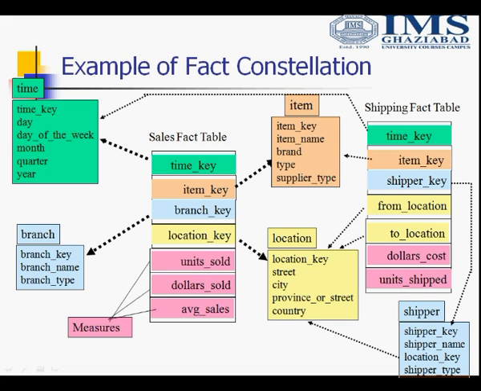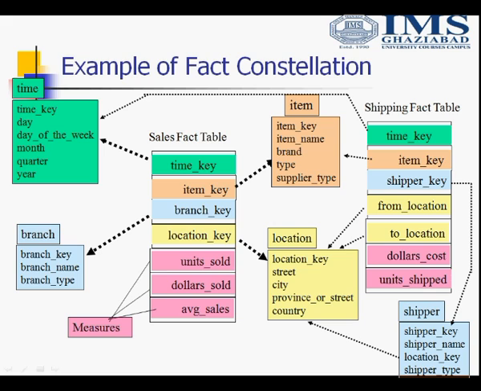Here you can see an example. In this example, there are two fact tables. One is the sales fact table and the other one is the shipping fact table. And different dimension tables are attached with these fact tables. Some dimensions are shared by both fact tables.